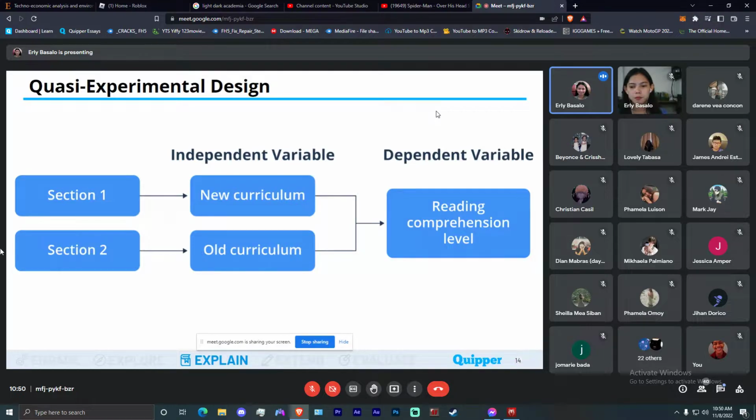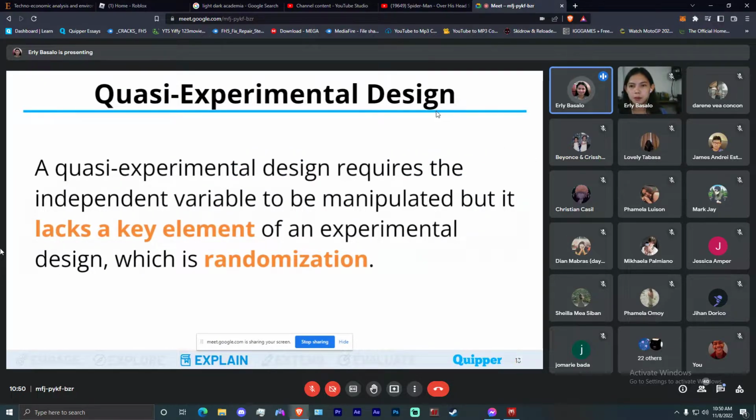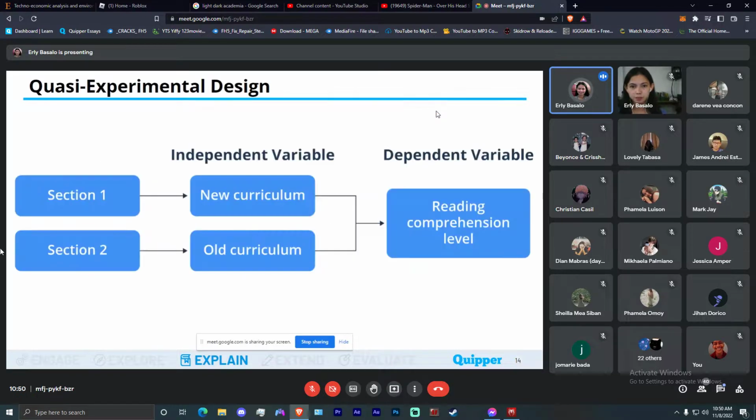So from our example in experimental design, they mostly have common characteristics. But here in quasi-experimental, the independent variable was manipulated but lacks a key element of an experimental design, which is randomization of the variables.